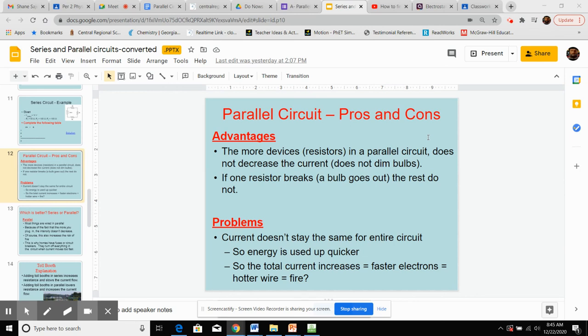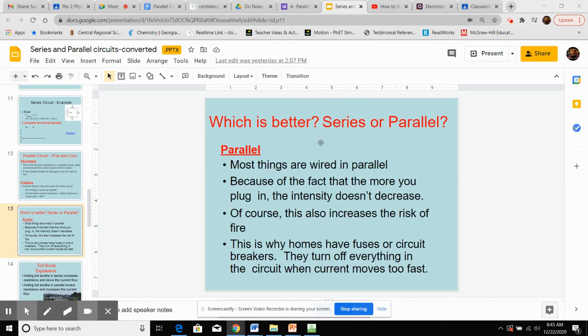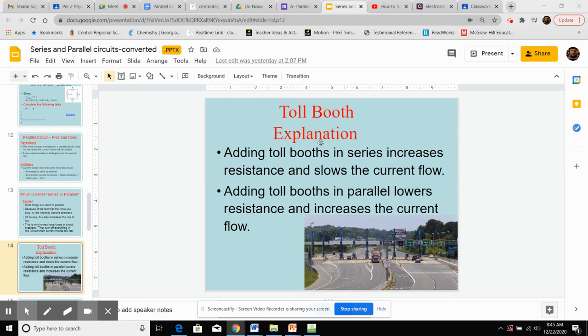So there's multiple paths for this thing to take, so they're going to wind up getting different current across different resistors. And with that, it's going to wind up basically increasing our current flow. So it's not going to wind up slowing it down anytime we add more resistors in.